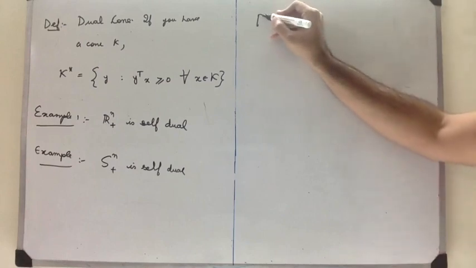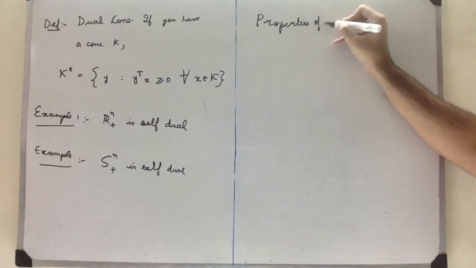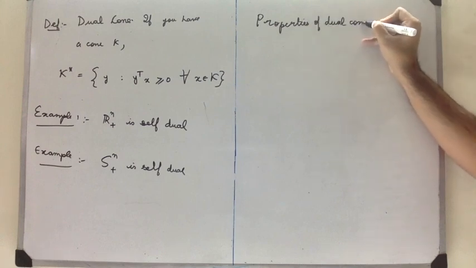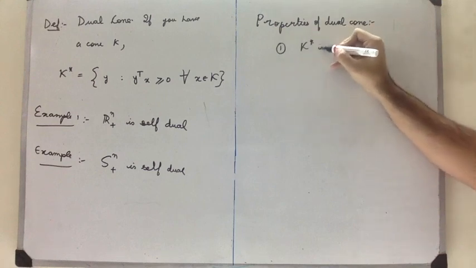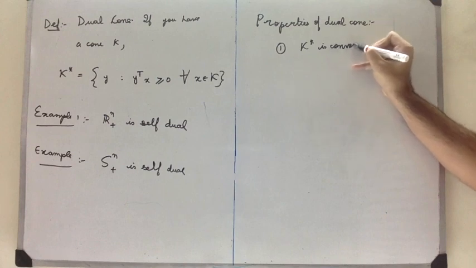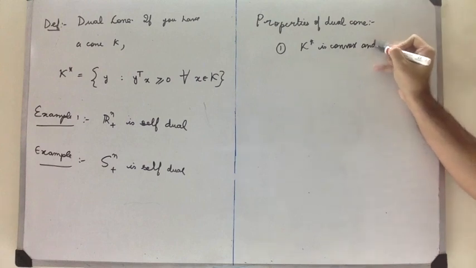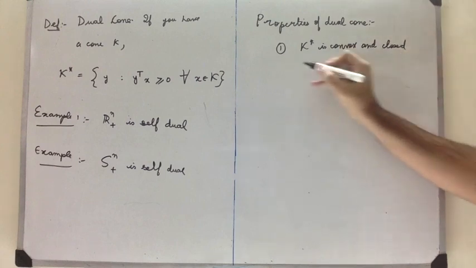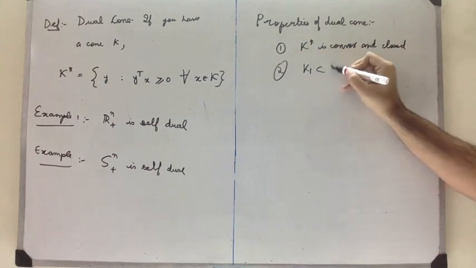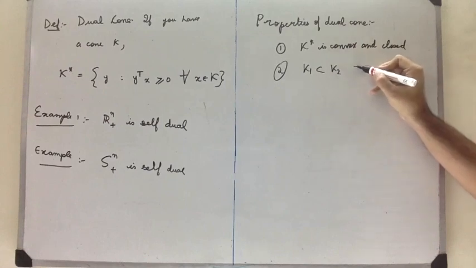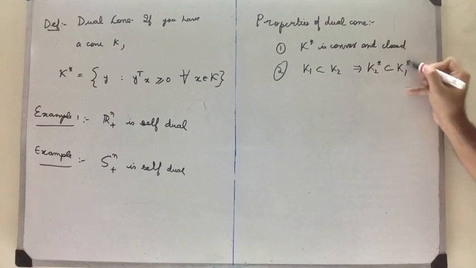We now describe some properties of the dual cone. K star is convex and closed. This is true even when K is not convex. If K1 is contained in K2, then the dual of K2 is contained in the dual of K1.